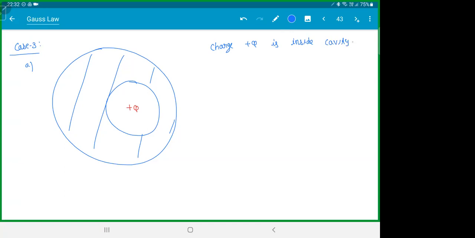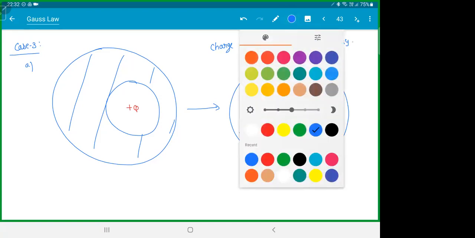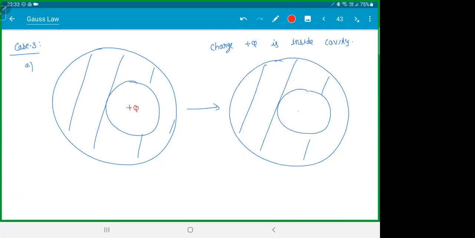What do you think will happen? What will this guy do? This plus will start attracting all the electrons, right? So all the electrons will start coming closer here. That means you get the vacancy on the outside. Is that making sense?